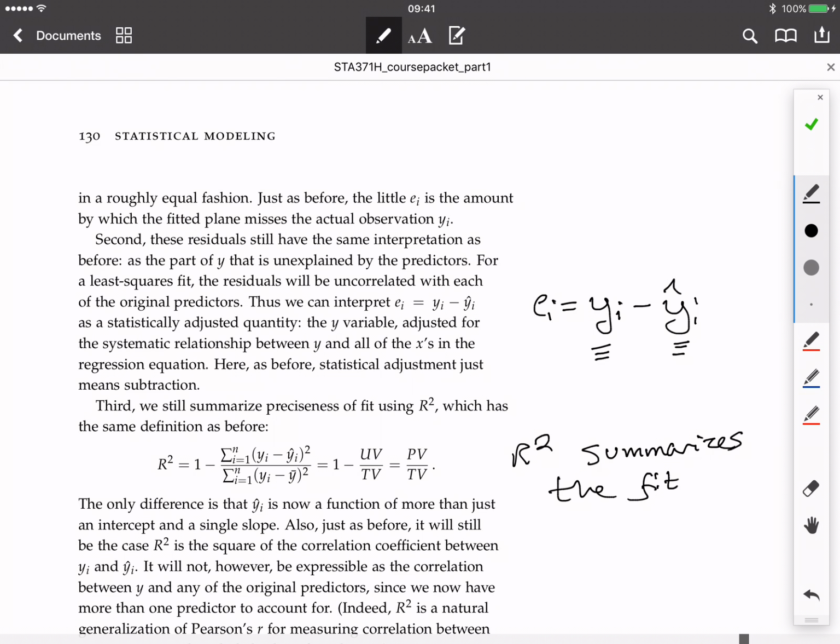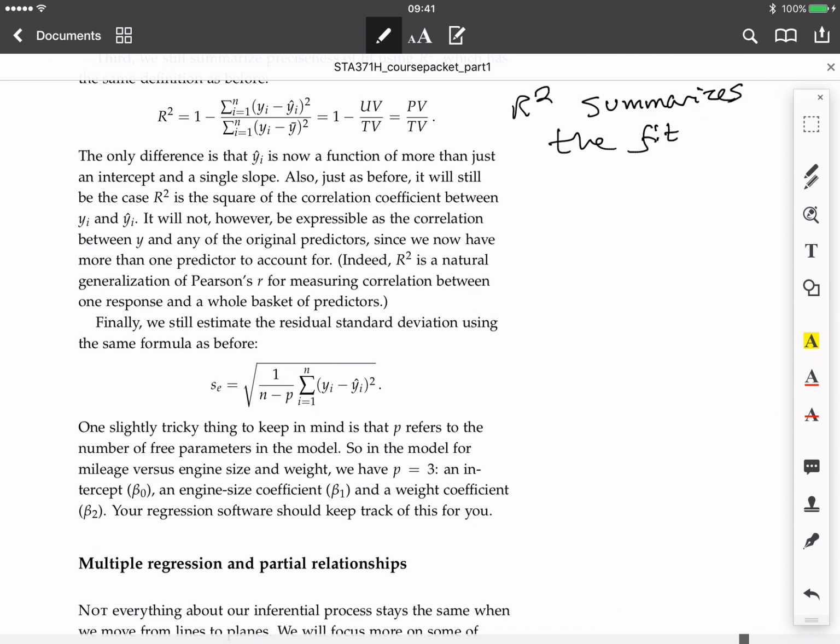Here's the predictable variation in the numerator, this is the unpredictable variation, and down in the denominator we have the total variation. The only difference is that y hat is now a function of more than just one variable. It's a function of multiple variables. But the interpretation of r squared as the fraction of predictable variation in the data set stays exactly the same.